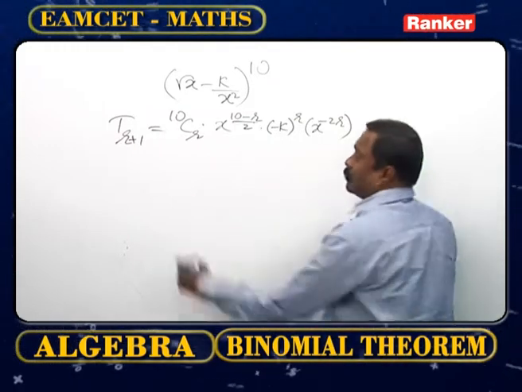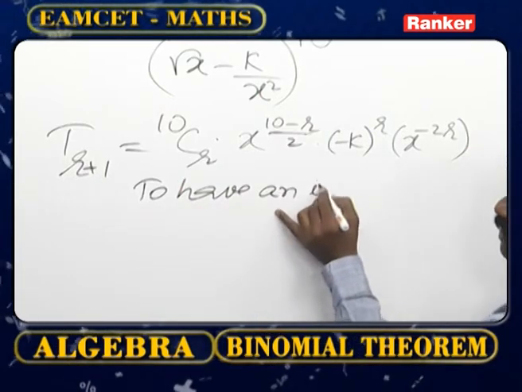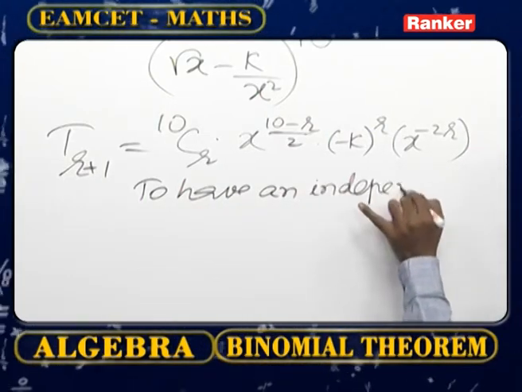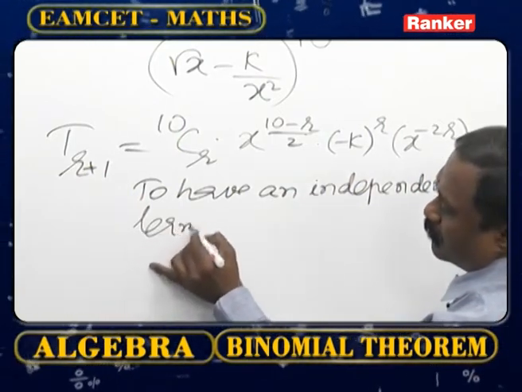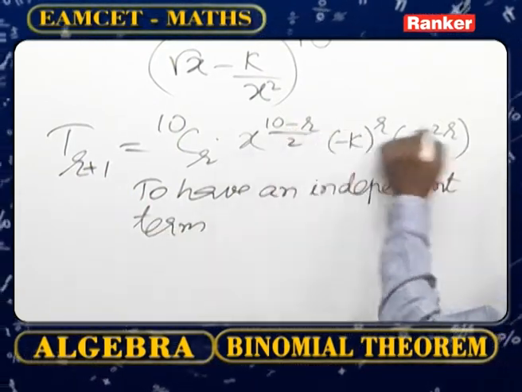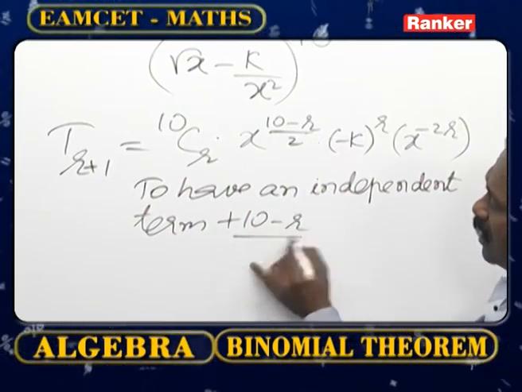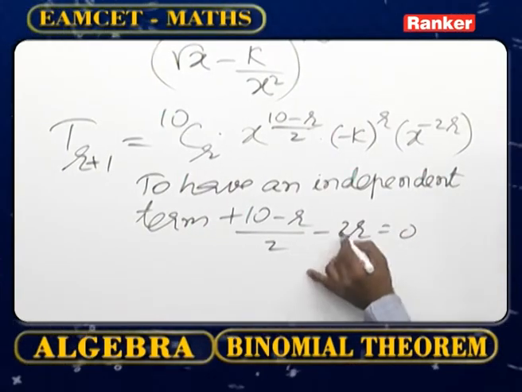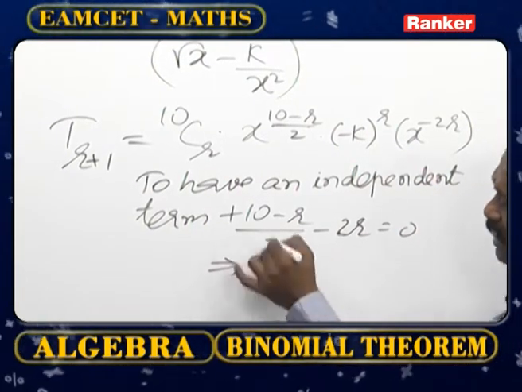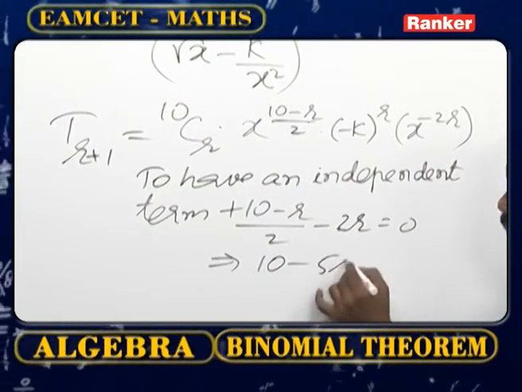This is the (r plus 1)th term. To have an independent term, the power of x must be 0. So (10 minus r) upon 2 minus 2r is equal to 0, which is nothing but 10 minus 5r is equal to 0.